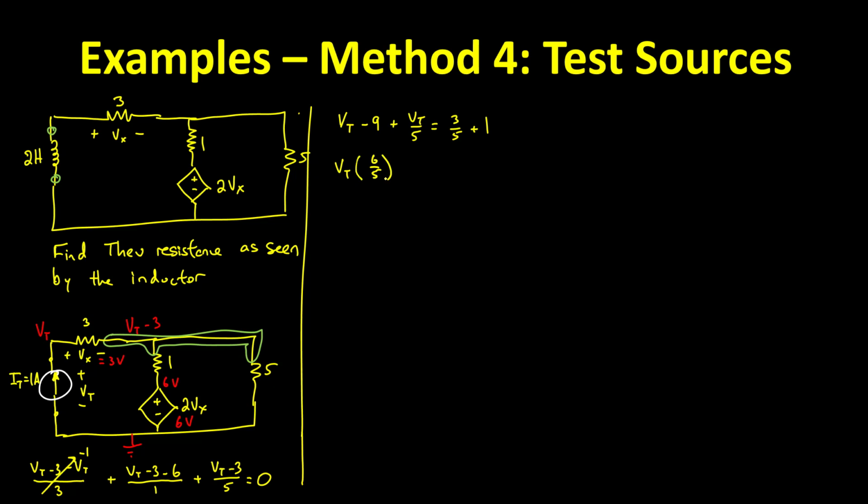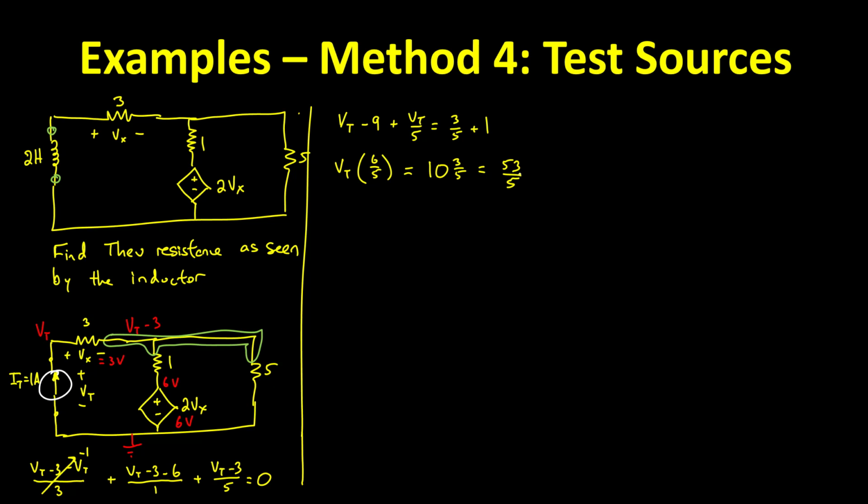So that gives us 6/5 VT on the left, 1 plus 1/5. And then on the right, we've got 3/5 plus 10. So that's 10 and 3/5, which is the same thing as 53 over 5.